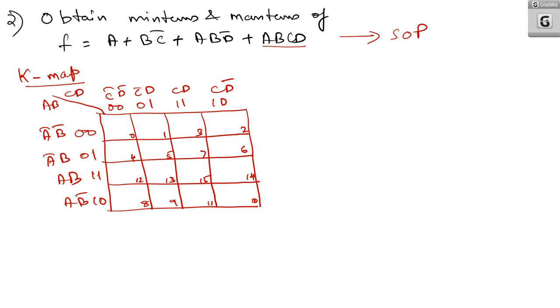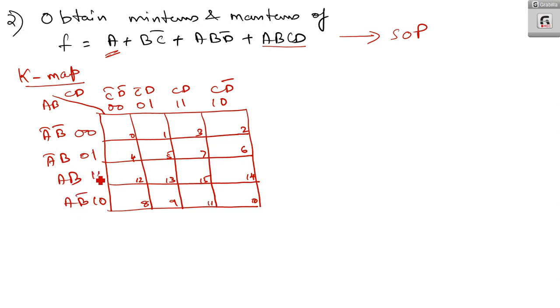Now here what we can do is, first term is A. So where is A coming? AB. That means here you will get A. So wherever you are getting A, you should give the value as 1. So A is here in these two rows.